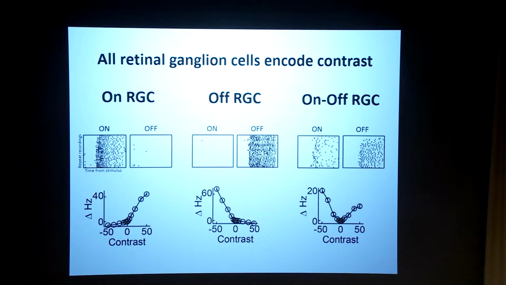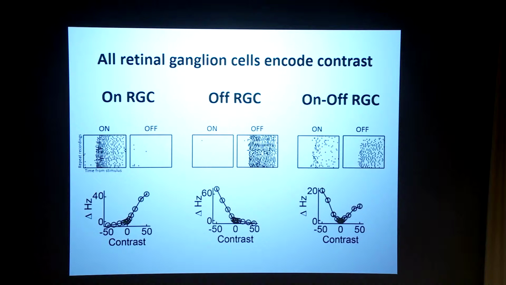And so I have 3 example responses from 3 different cells, one from each type here, shown in 2 different ways. First, a spike raster, and then a contrast tuning curve. And so the spike raster is actually pretty simple. There are 2 different types of stimuli, an on stimulus and an off, so brightening and dimming. And then this is on the x-axis, time away from that particular stimulus.